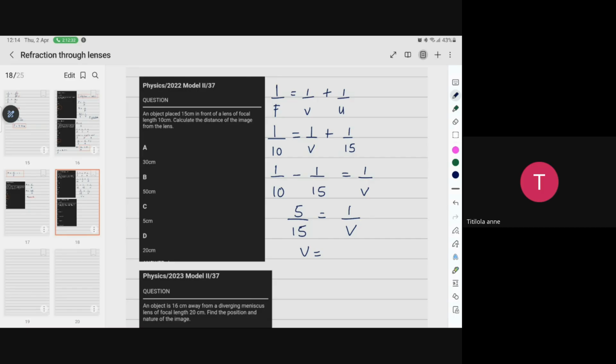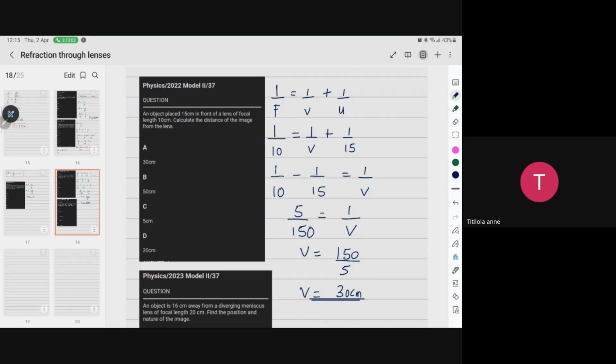Then if you are finding the LCM, we get 150. 1 over 10 minus 1 over 15 is 5 over 150. Okay, 5 over 150. That means you're not looking at my screen. I wrote 1 over 5 over 15. Don't worry. So now V will be equal to 150 all over 5. So V is equal to 30 centimeters. Okay, that's correct.